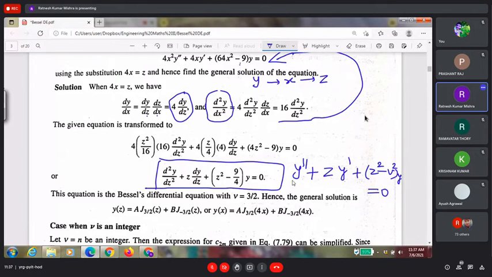Okay, and v square is 9 by 4, so v equal to 3 by 2. So our solution is y in terms of z, so y(z) is a J_v, and in the place of x write z, a J_v(z) plus b J_{-v}(z).